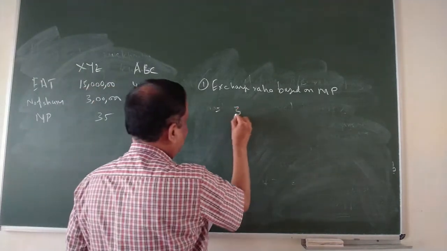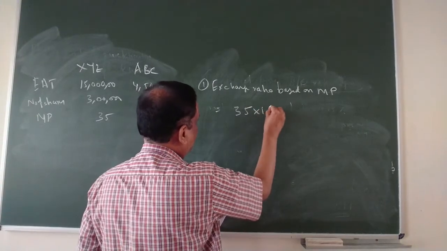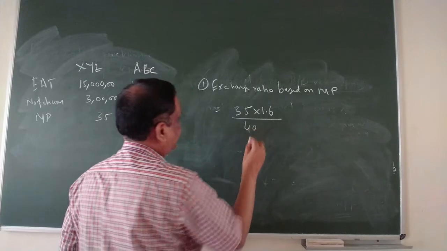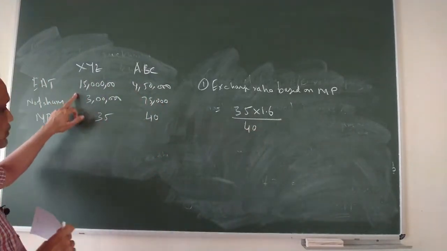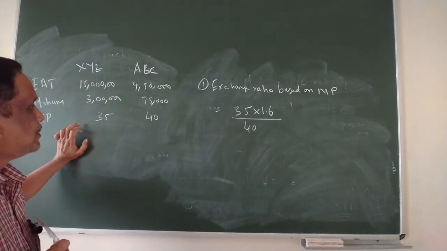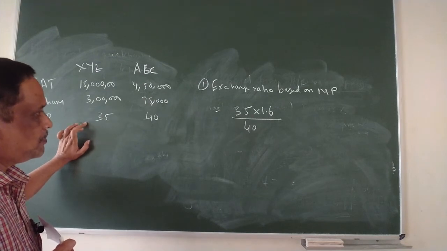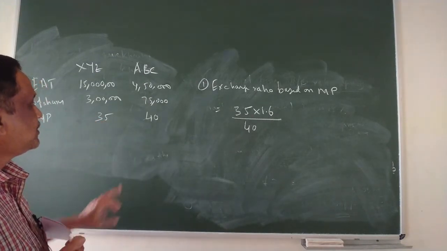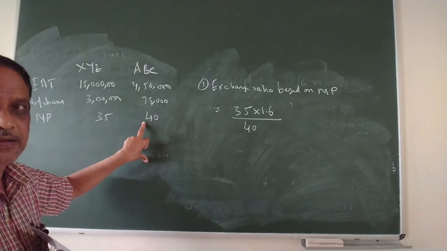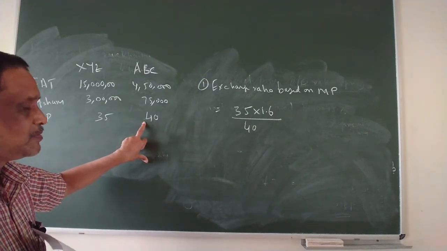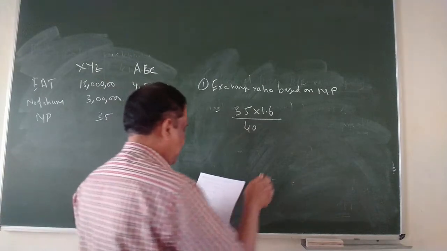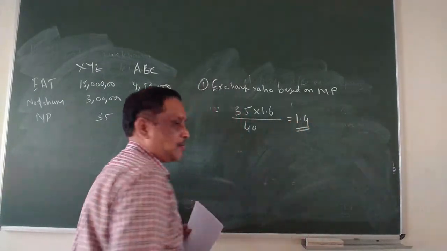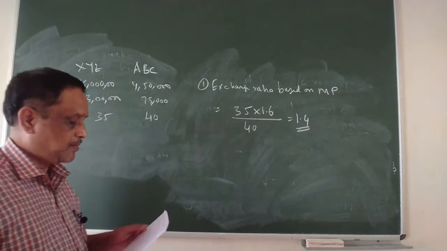So 35 into 1.6 divided by 40. That is, XYZ is going to give 1.6 shares, so 35 into 1.6 for this one, for a 40 rupee value share. So that will be 1.4. Exchange ratio based on market price is 1.4.